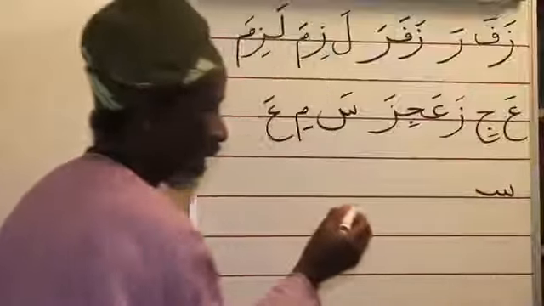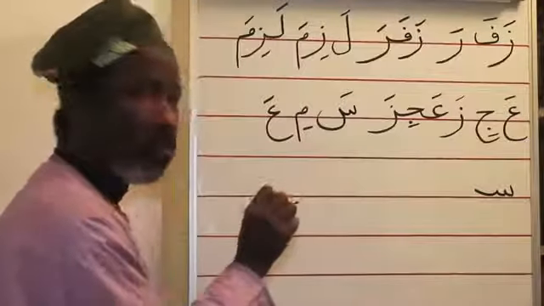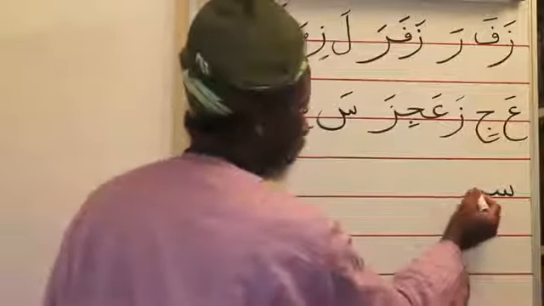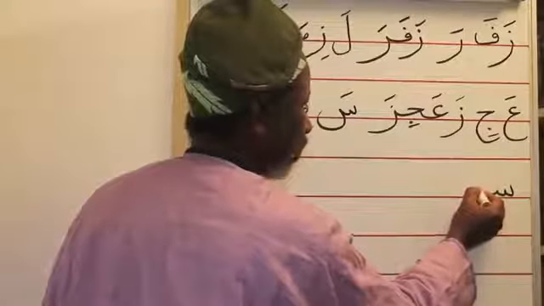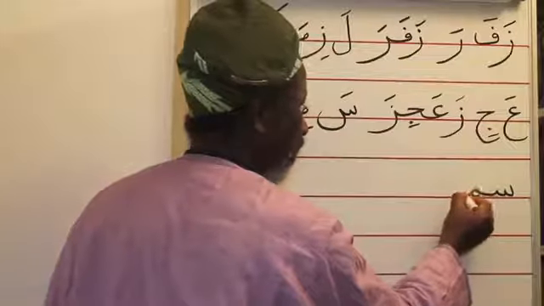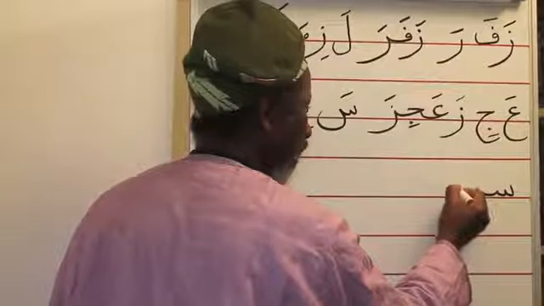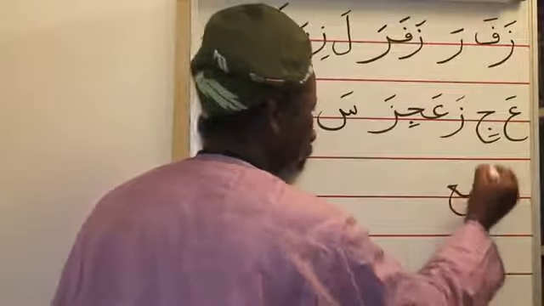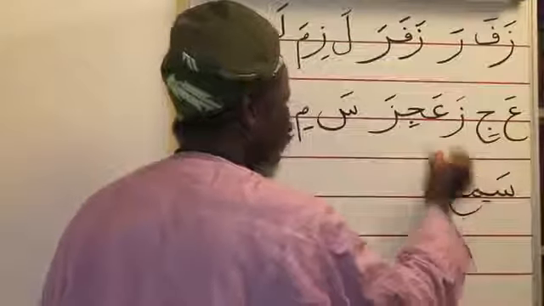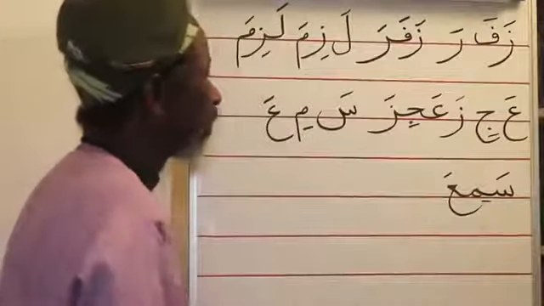Look how I'm preparing the room for the meem to go a little bit below the line. So prepare that, reverse your hand movement, pencil or pen, and do your eye. So sa, mi, a. Sami'a.